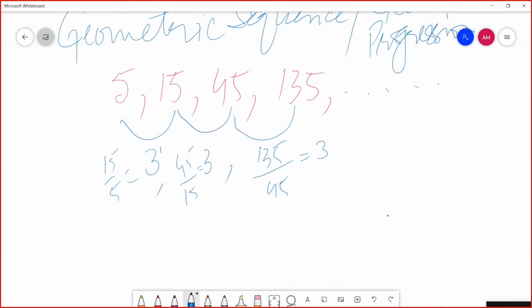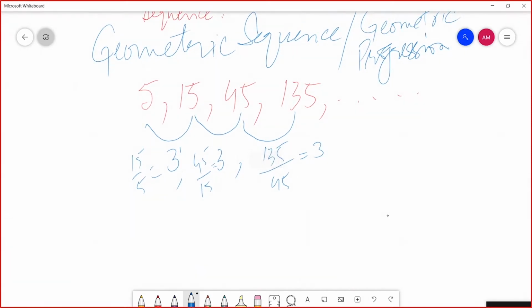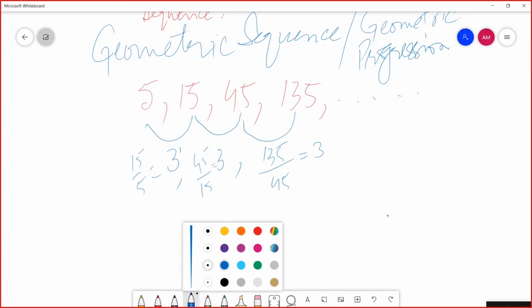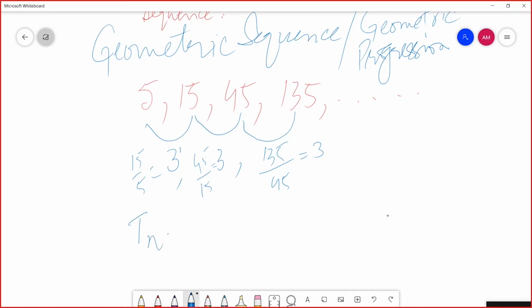So here we see a sequence, and we can write, similar to the arithmetic progression, a rule. The rule says Tn plus 1, the next term, is the previous term multiplied by a ratio. And what is the ratio in this example which we just did? 3.